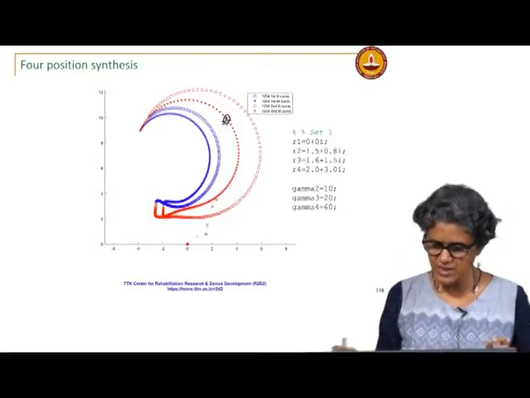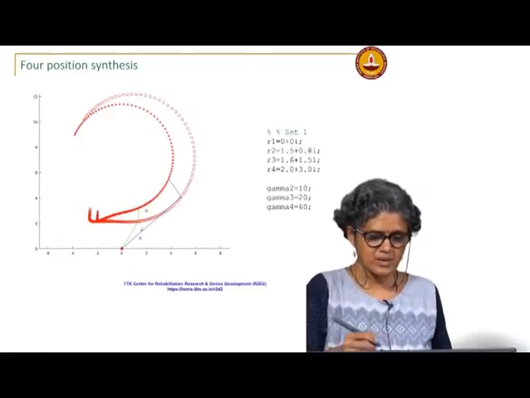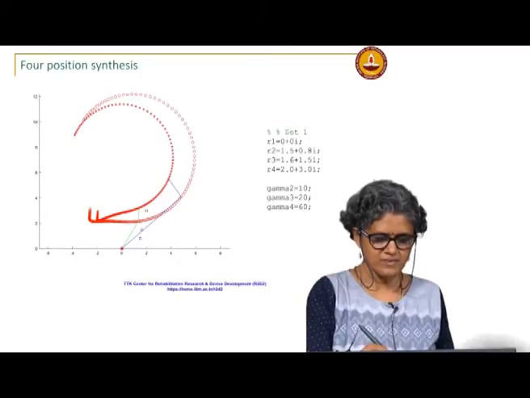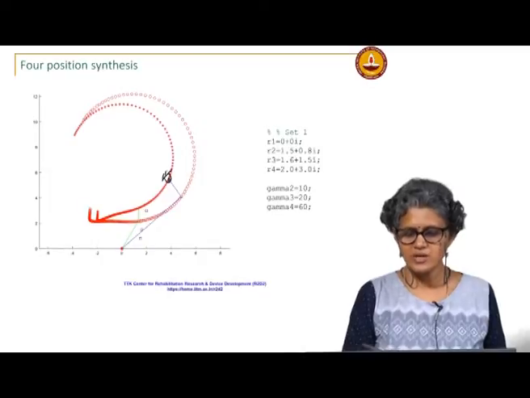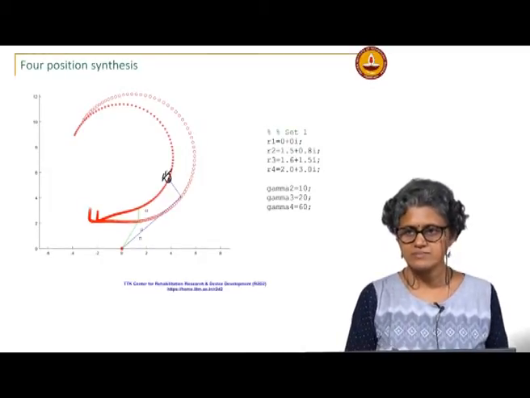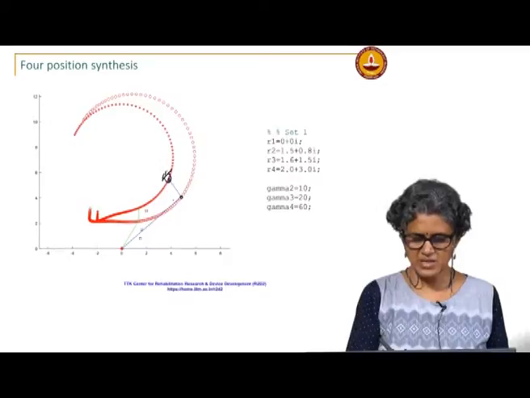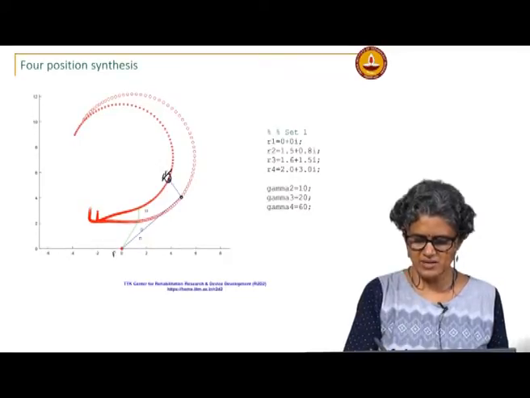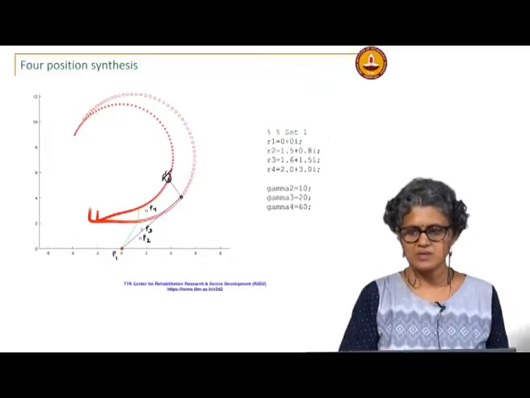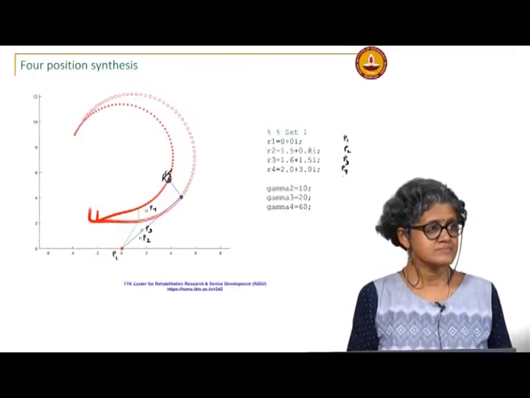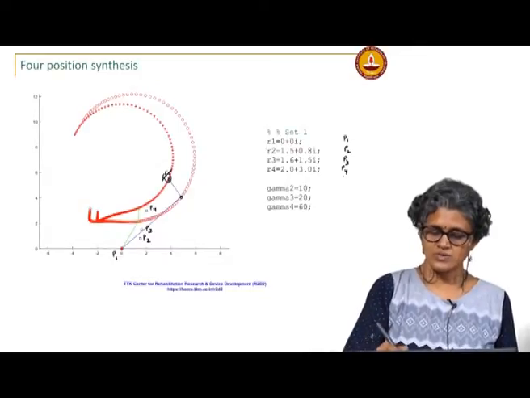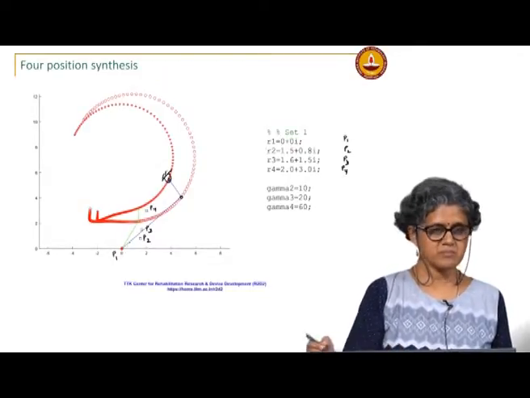So, here I pick this as my one fixed pivot, I found this is the corresponding circle point, this is my first position. So, these squares are P1, P2, P3 and P4 corresponding to R1, R2, R3, R4. These are the precision points P1, P2, P3, P4.